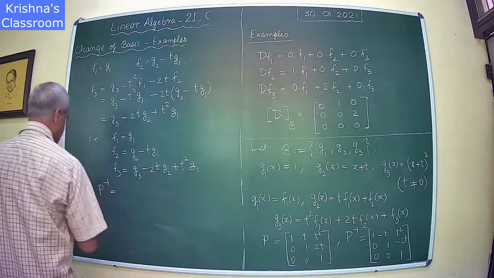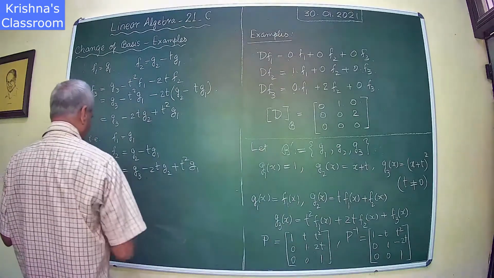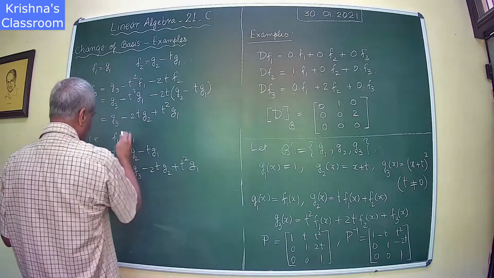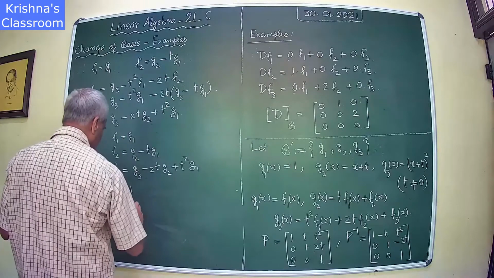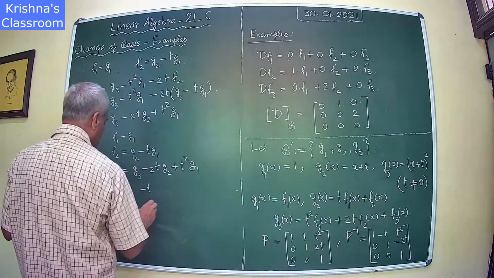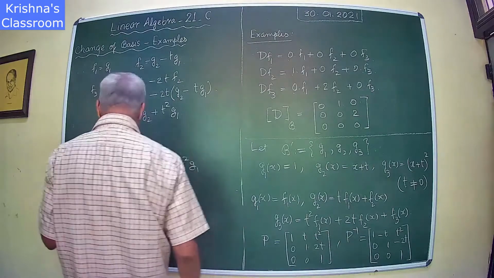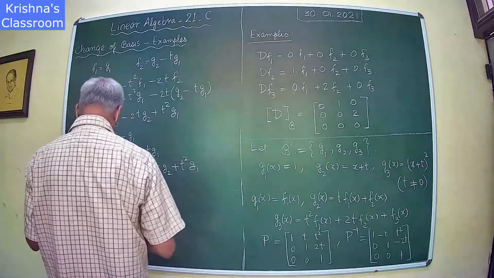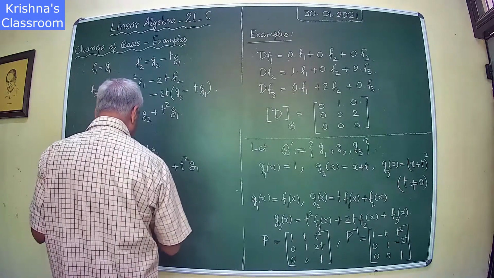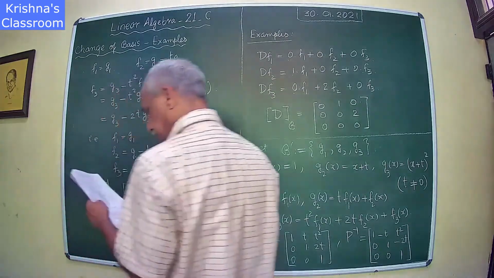Therefore, P inverse is essentially 1, 0, 0, minus t, 1, 0, then t square, minus 2t, 1. This is P inverse.